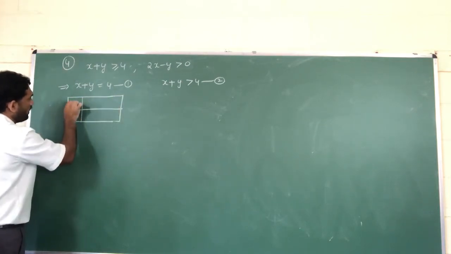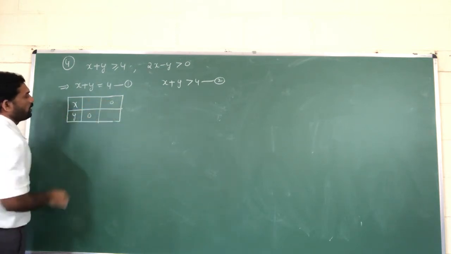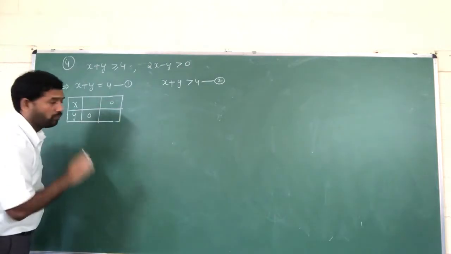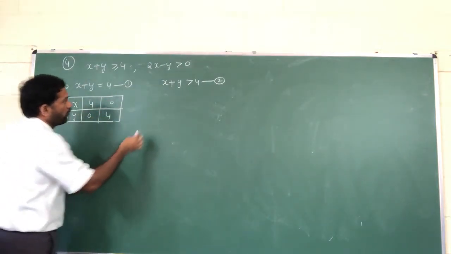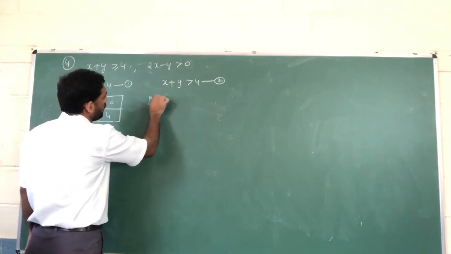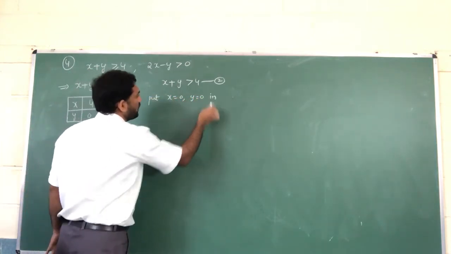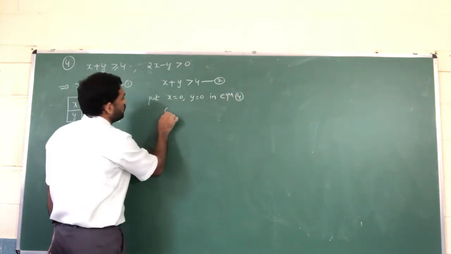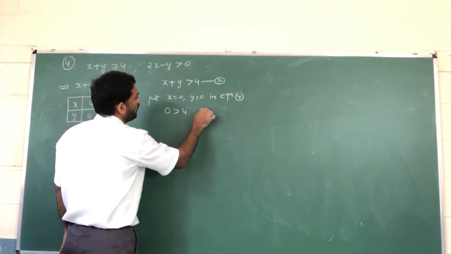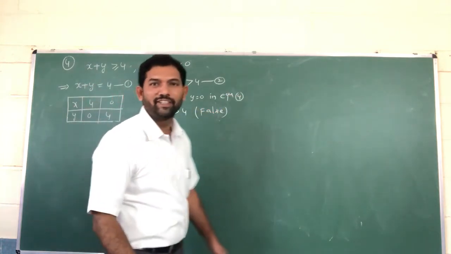So x equal to 0 means y is 4, and y equal to 0 means x is 4. Put x equal to 0, y equal to 0 in equation number 2. What happens? 0 greater than 4. It is false always.